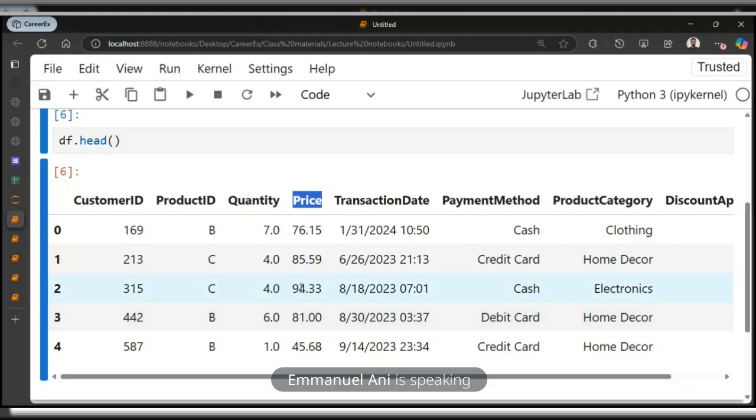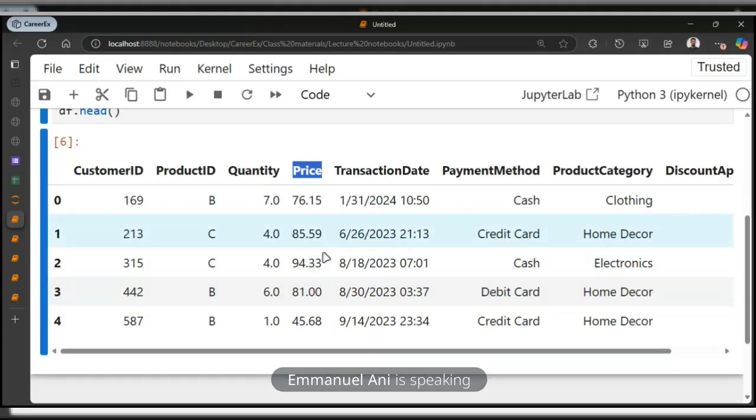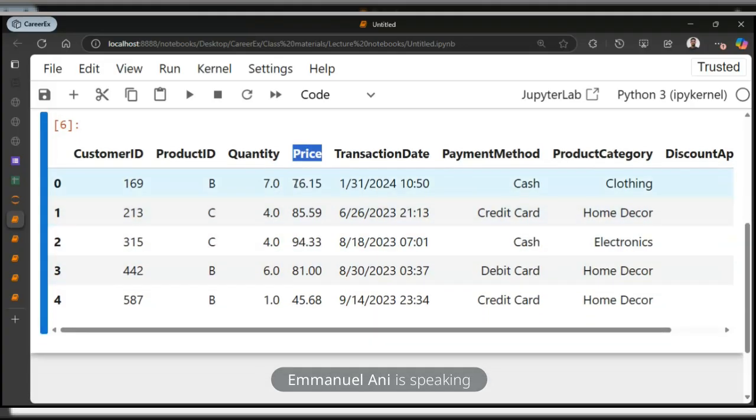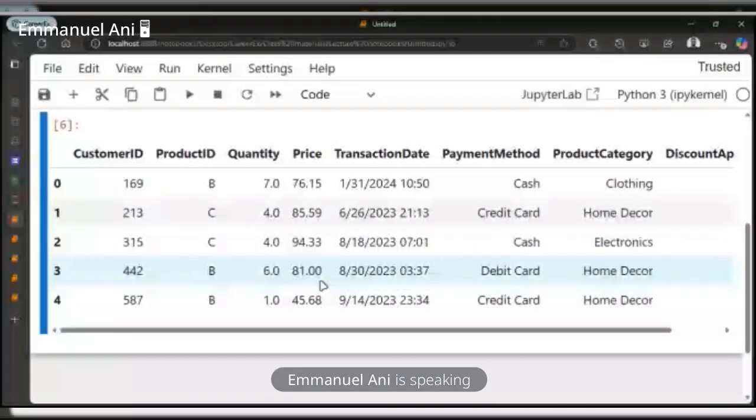The ML task we want to perform is to create a model that can predict the price of a product using these other variables that are called independent variables. So what kind of ML task am I going to be using for this problem? What task am I going to use to solve this problem?